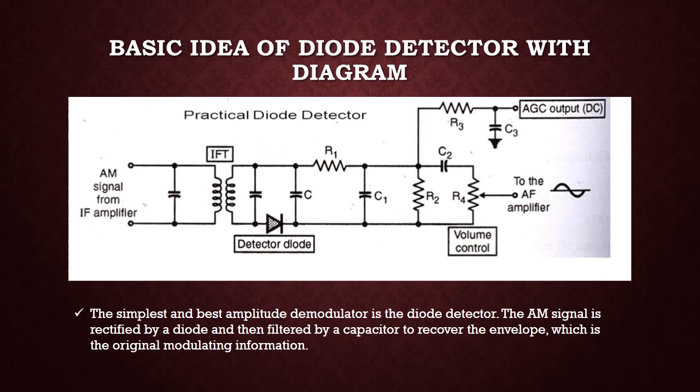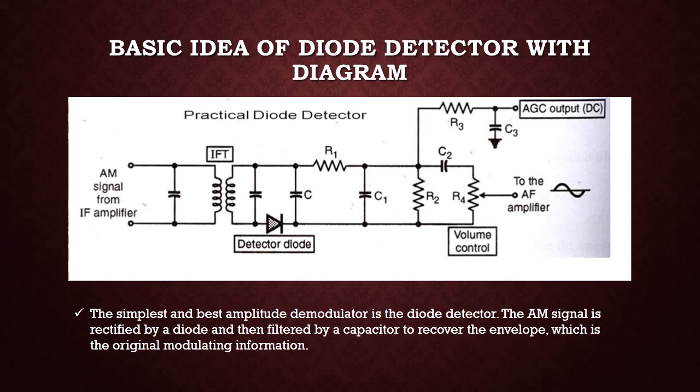This AGC voltage, that is automatic gain control voltage, is then applied to the RF as well as IF amplifiers to control their gain automatically.